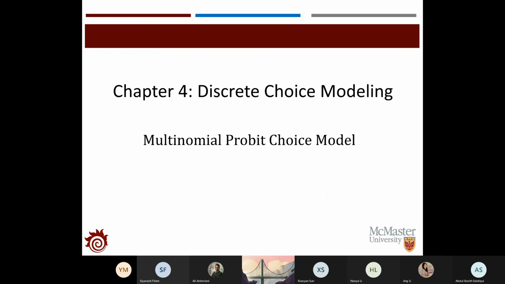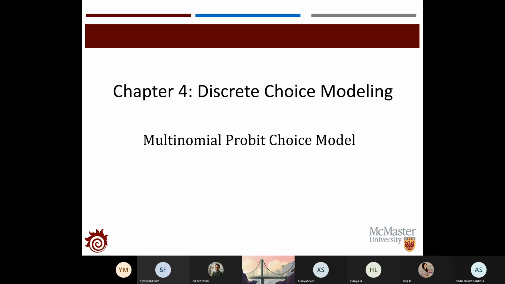In the logit model, we assume that the random term follows a Gumbel distribution. This is just one assumption, but we can also assume another distribution for the random terms, and with the probit model, we usually assume it follows the normal distribution, which is commonly applied.